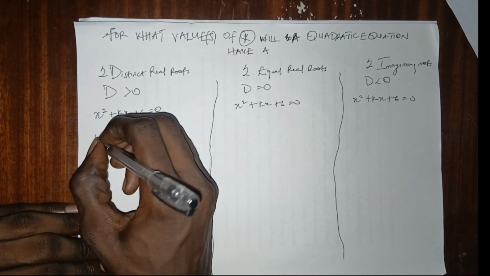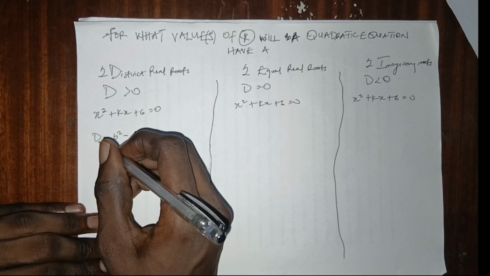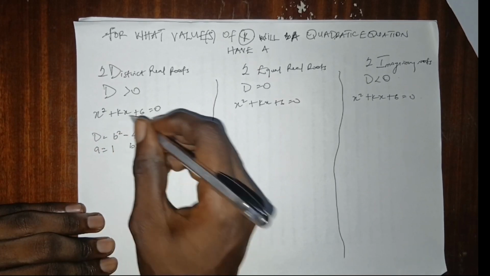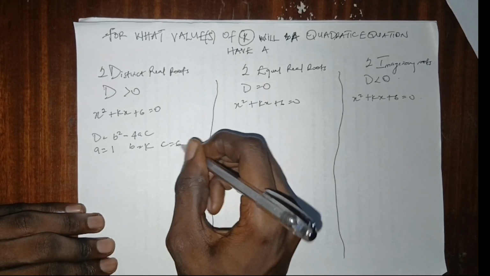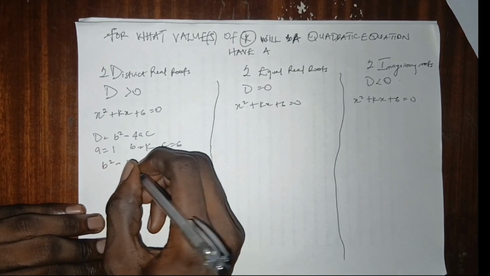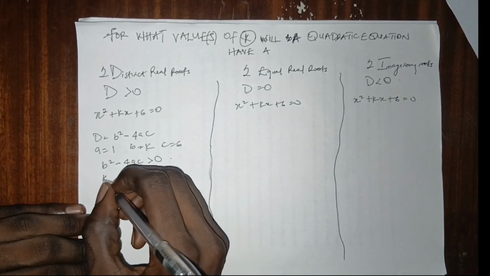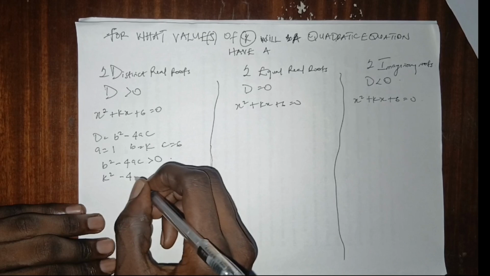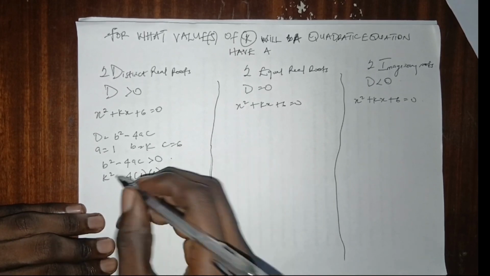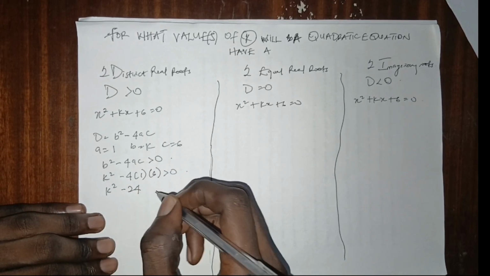D is equal to b squared minus 4ac, and a is 1, b is k, that's our coefficient, and c is 6. So D has to be greater than 0. Then we have b squared minus 4ac greater than 0. So you have k squared minus 4 times 6, which gives us minus 24, greater than 0.